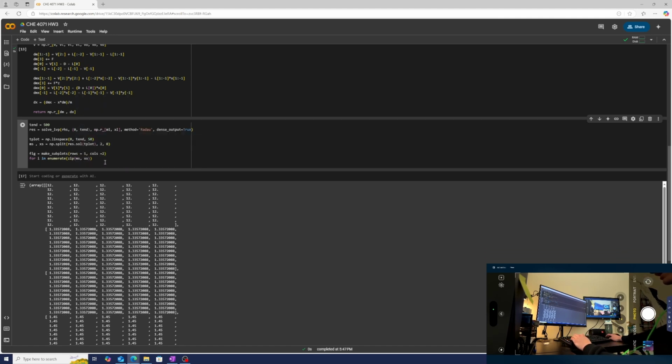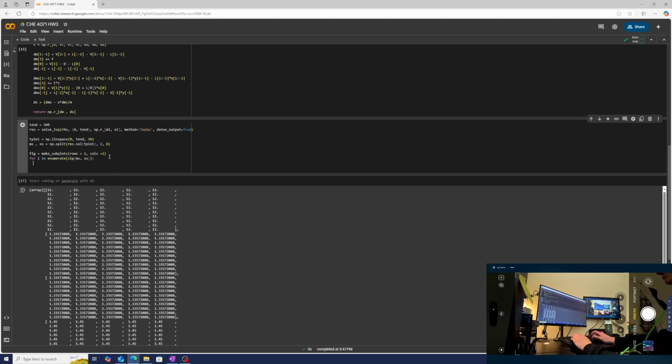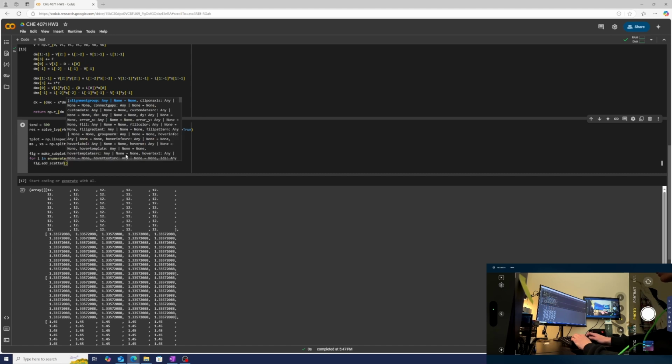So now we can count with i and have our m's and x's separated. We want to fig.add_scatter. Our x values is equal to t-plot.